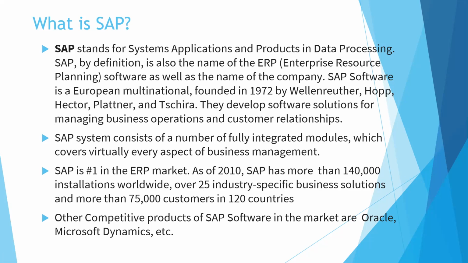Try to understand, for example, if you'd like to get a job, how many companies can you work for? In the past 9 years I have worked for 3 companies. Throughout your career, maximum 5 to 10 companies. But how many customers are there? More than 1,40,000 installations worldwide.